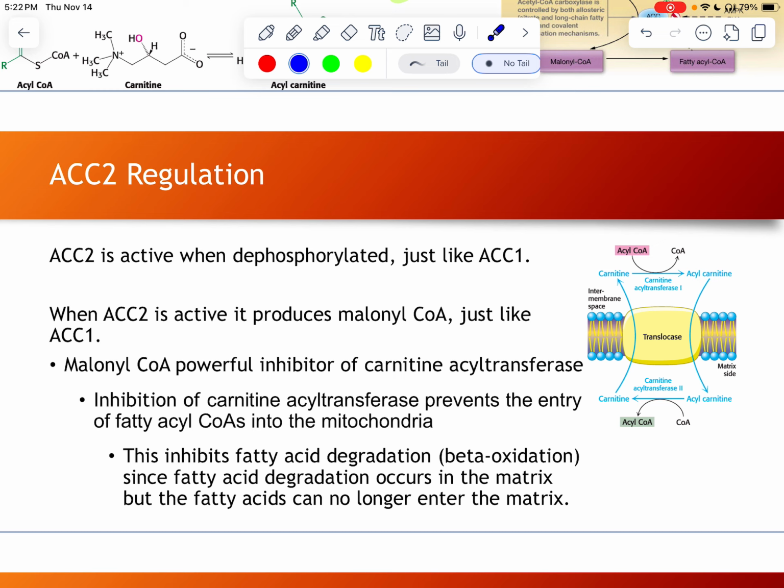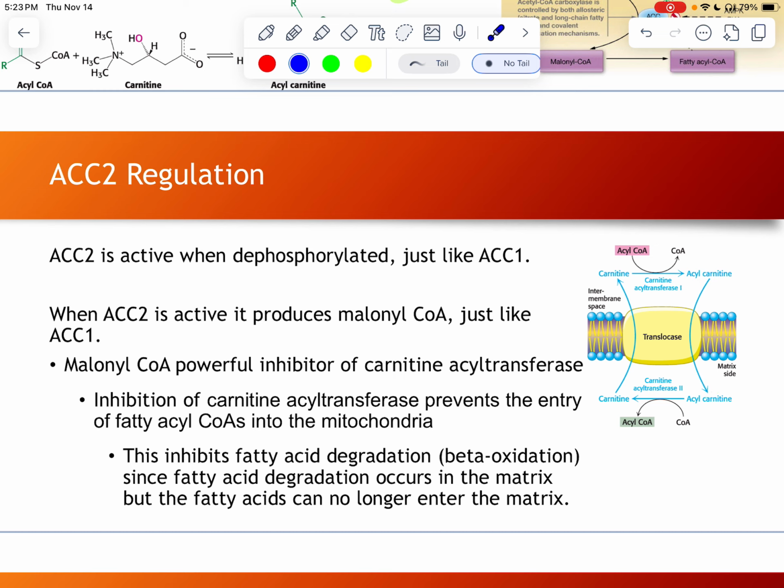But it turns out we don't want malonyl-CoA in our matrix because it is a powerful inhibitor of these carnitine transferase enzymes. So if we inhibit these transferases, we can no longer take our acyl group and put it on a carnitine so it can get into the matrix.